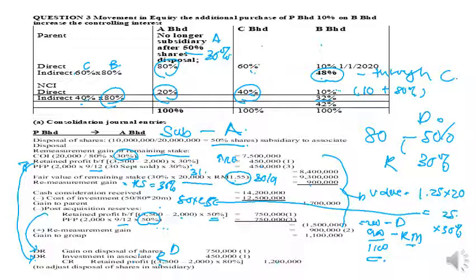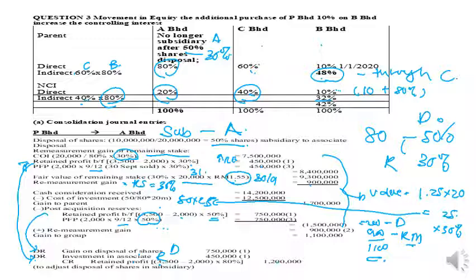For the 30%, you need to find the cost of investment. At the date when you dispose, the market price of the shares is RM1.25. The cost of investment is based on the value at the acquisition date, which is RM1.